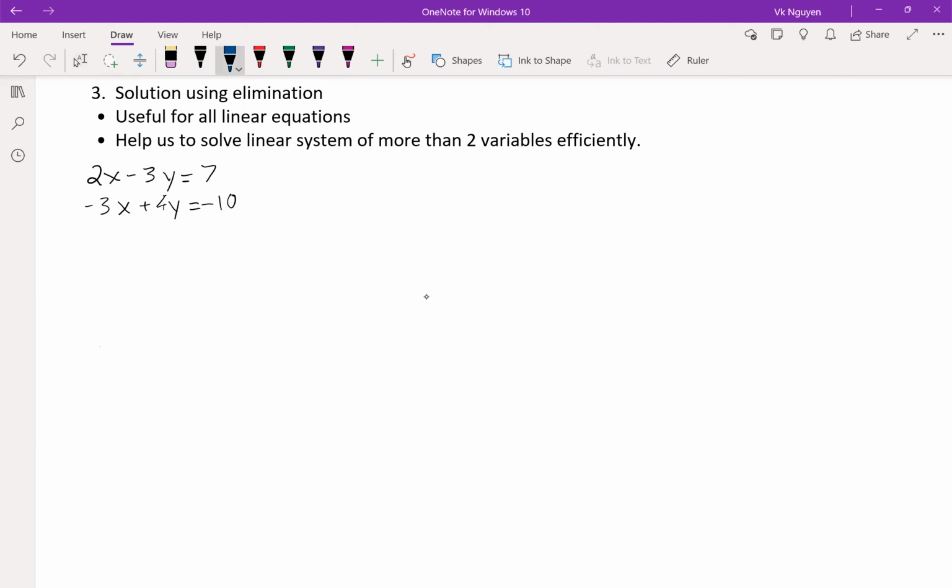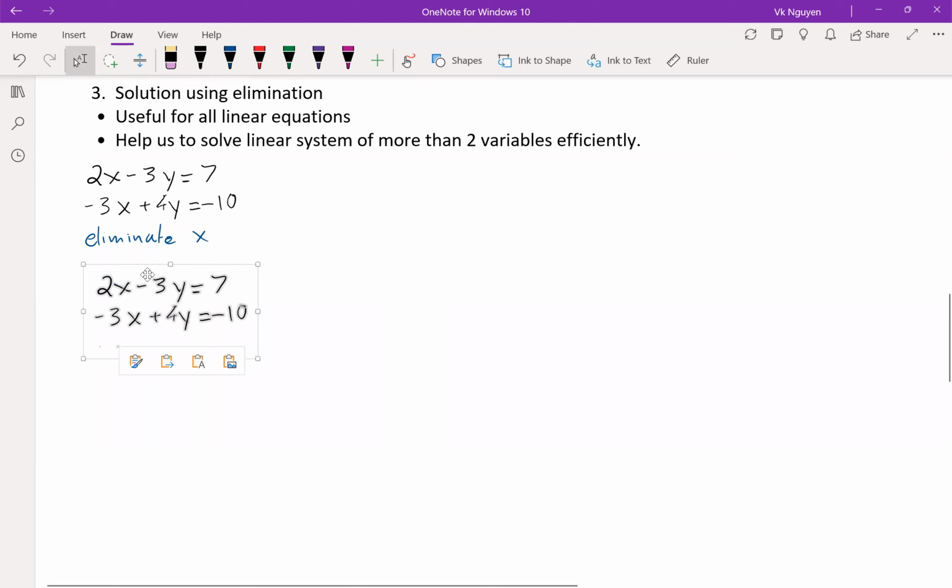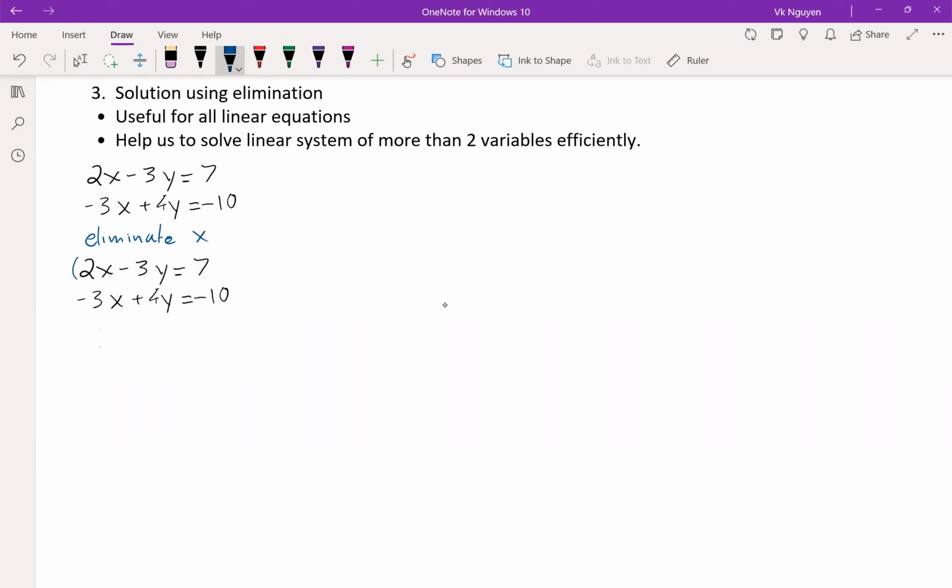To do the elimination method, first we eliminate x. Here comes our system. To eliminate x, we can multiply the first equation by the coefficient of x in the second equation, negative 3.